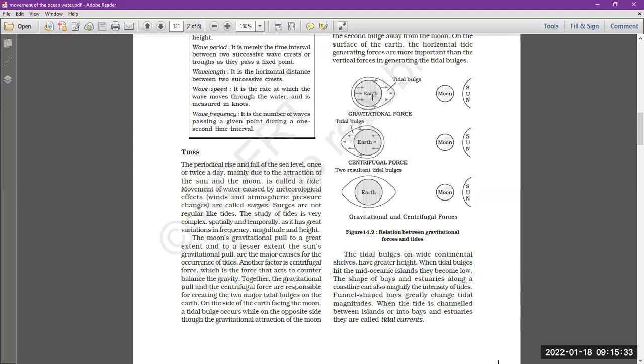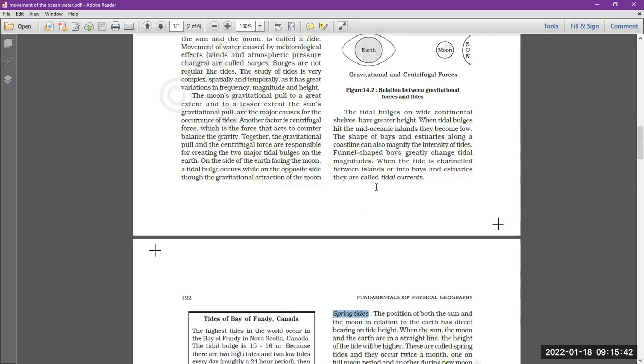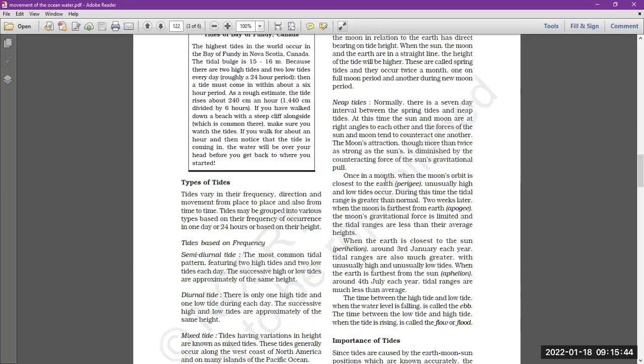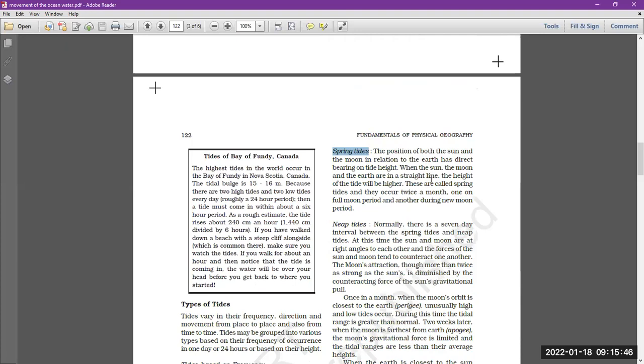You can see the Earth, Moon and Sun. These three are in a straight line. And that is known as spring tide, when the Sun, the Moon and the Earth are in a straight line. The height of the tide will be higher.